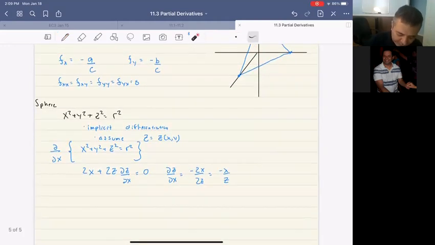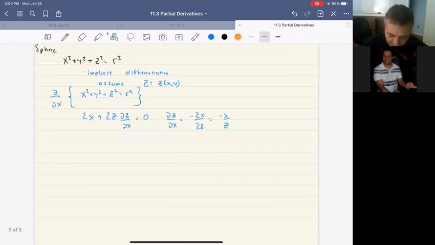For the sphere, it's a little bit different. Let's try that. I'm very bad at drawing spheres, as you know. Let's try it.